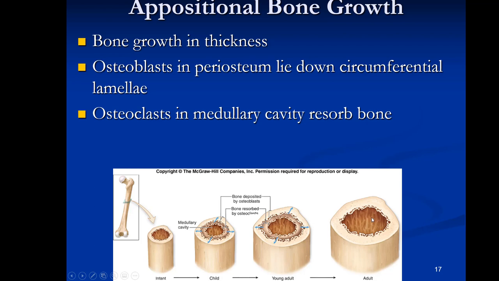This is important for a couple of reasons, but one of those being that it makes sure that the bones don't get too heavy. Because you could imagine if it was really thick bone with a very small cavity, it would be really heavy, and movement would be rather difficult. So you want to envision it like this, where the osteoblasts are constantly putting out bone on the outside, and the cavity is being eaten away by the osteoclasts.